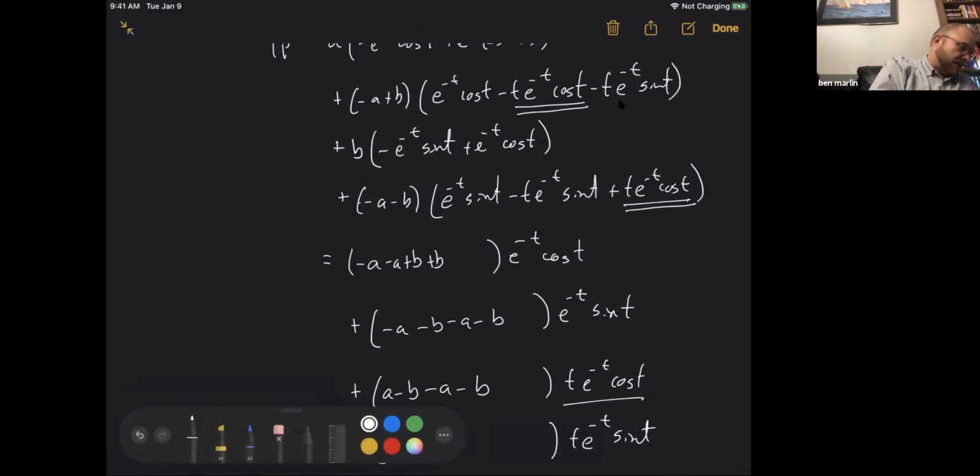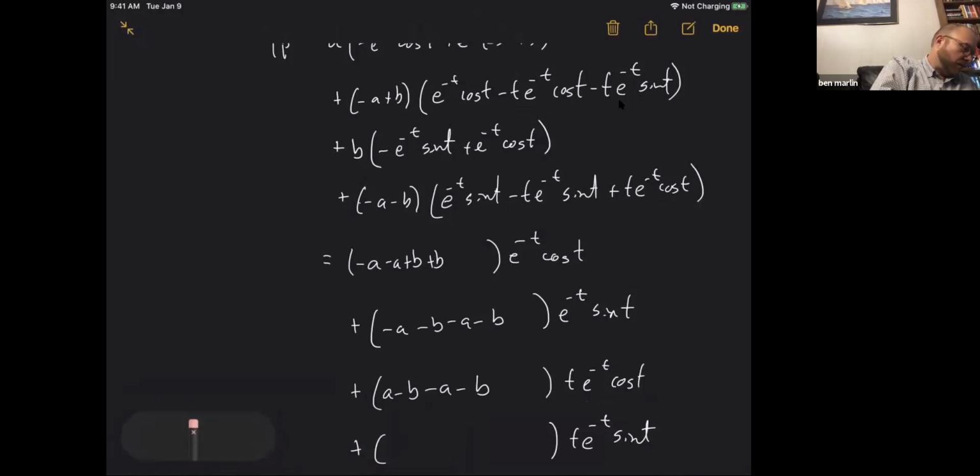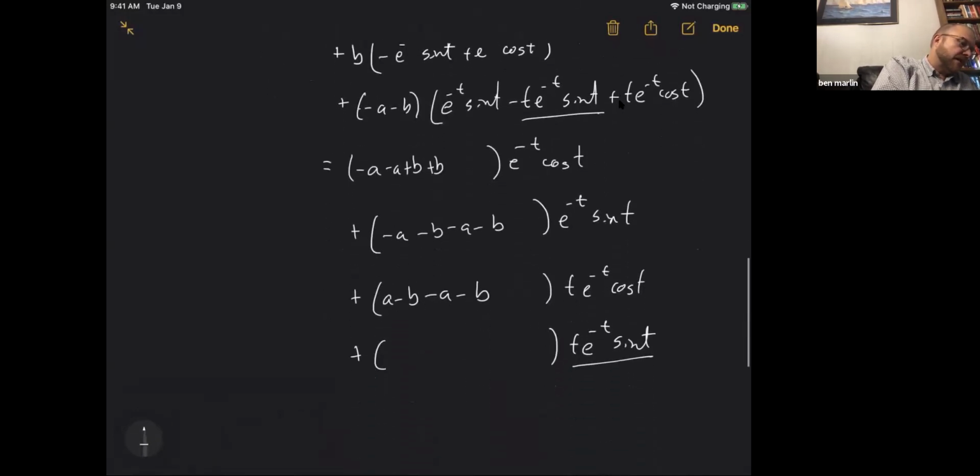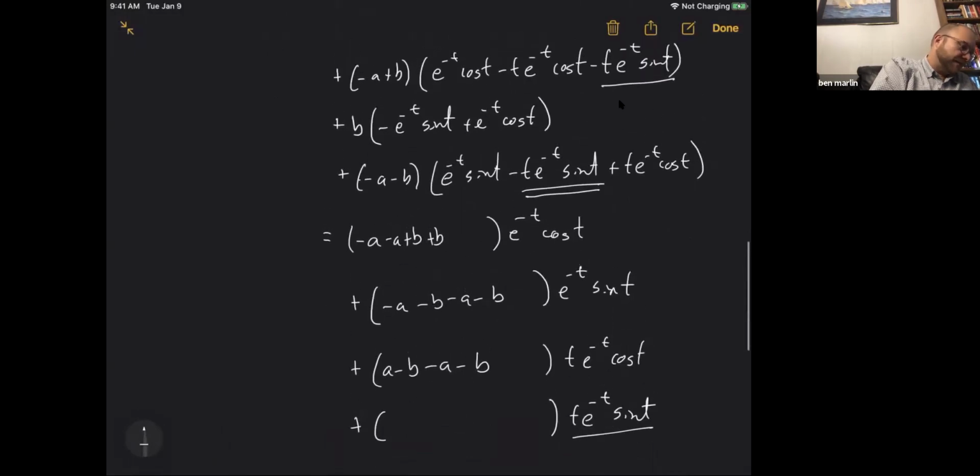All right, then we will look for the t e to the minus t sine t. We see it appears here and here. Okay. And so, since it is a minus here, sorry, I need to do things in order.